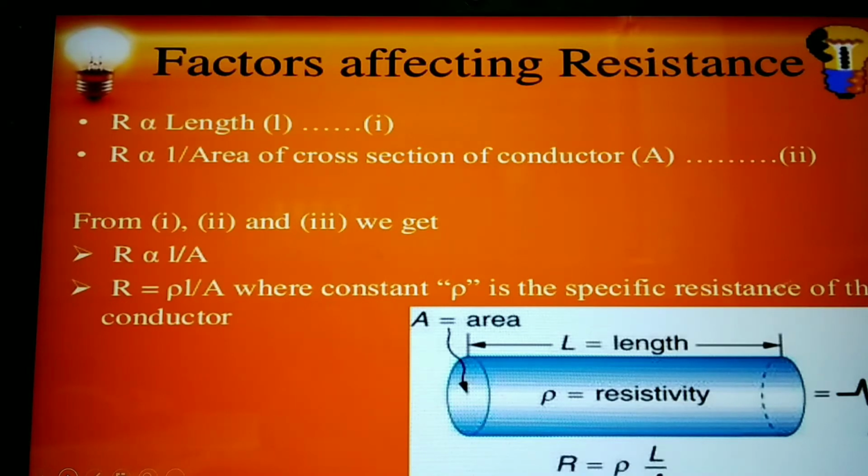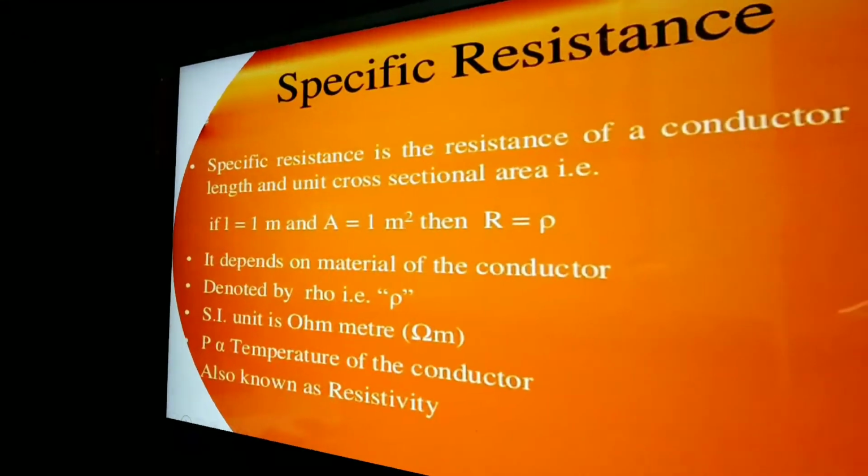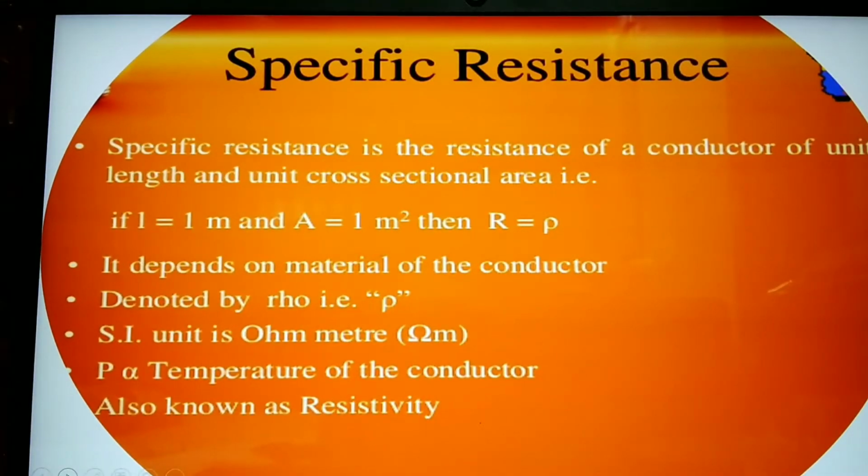R is equal to rho L by A, where rho is called the specific resistance of the conductor or resistivity. Specific resistance is the resistance of a conductor of unit dimensions, that is unit length and unit cross-sectional area.